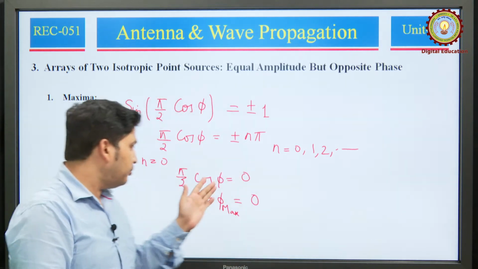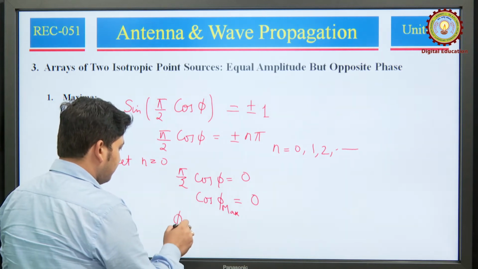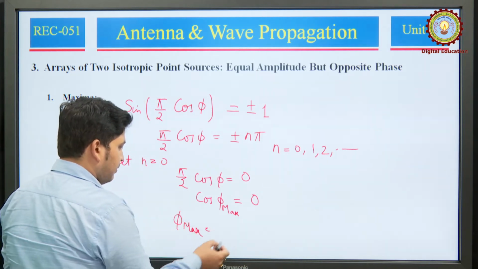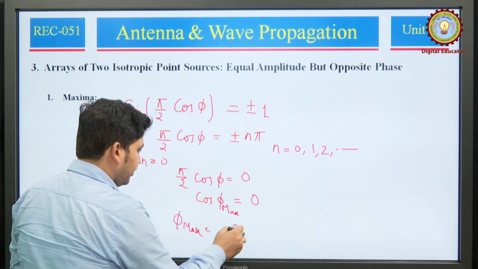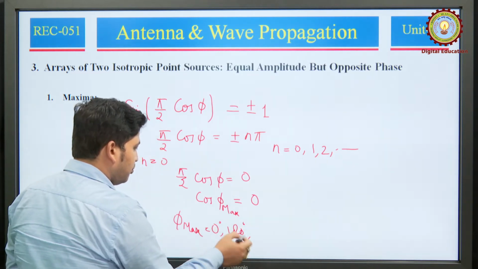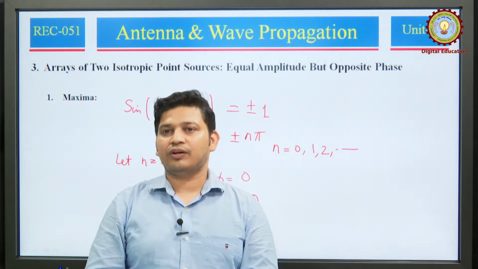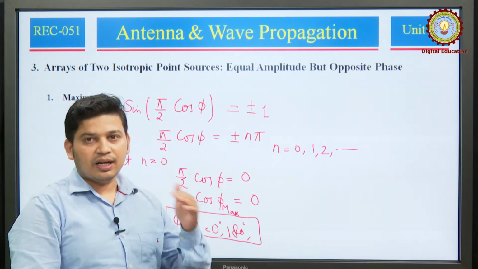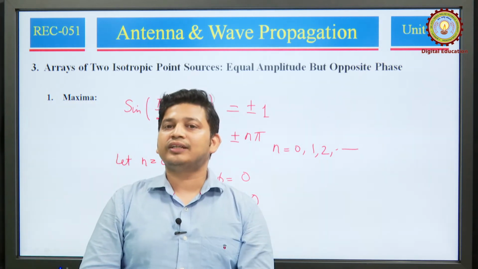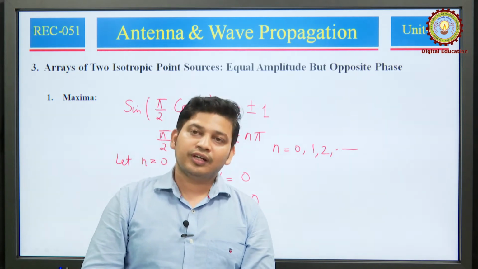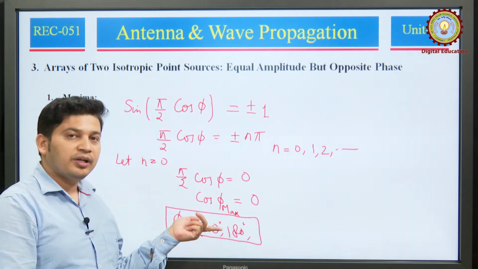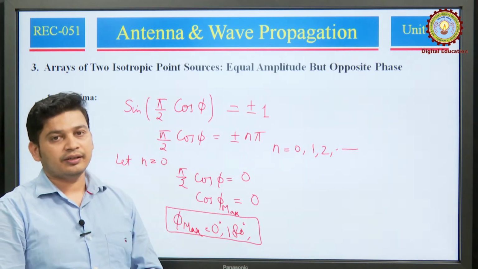When you put this value, it gives 90° and 270°, that is, two points, and the maxima relation is at 0° and at 180°. At least we require two points, so we can plot a symmetric pattern, because if you are looking for one plot, it is okay to plot the upper half, but we need a symmetric pattern in the lower half also. So, the first points we have calculated are 0° and 180°, which are the maxima.